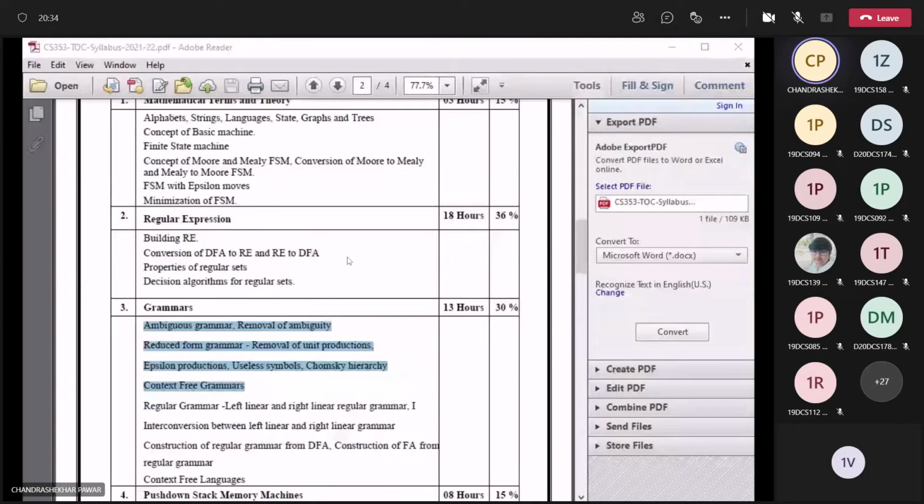So at least solve one time before you appear for the exam, at least one time every type of example. Whether it is simple Moore to Mealy or Mealy to Moore, you have to solve it at least once. Okay.